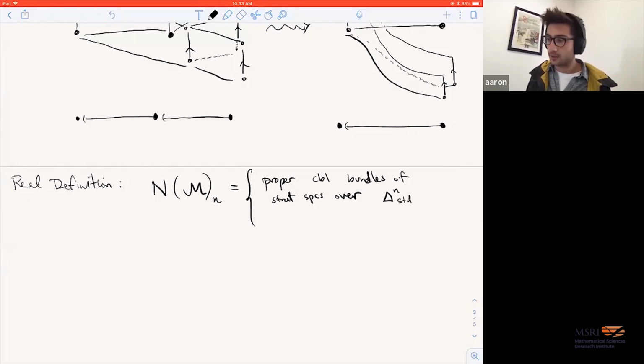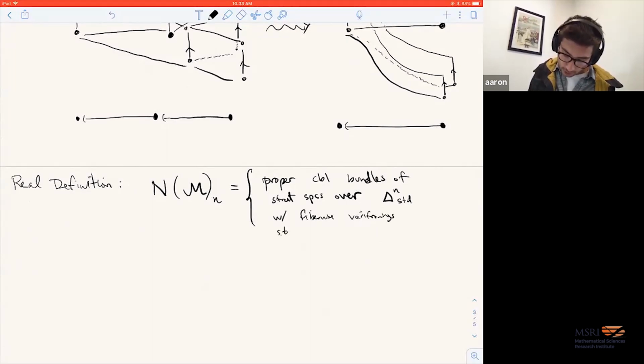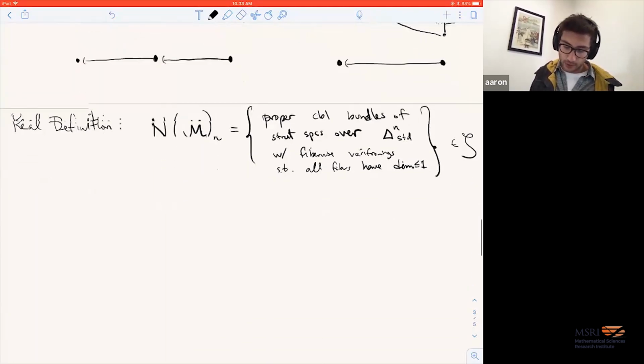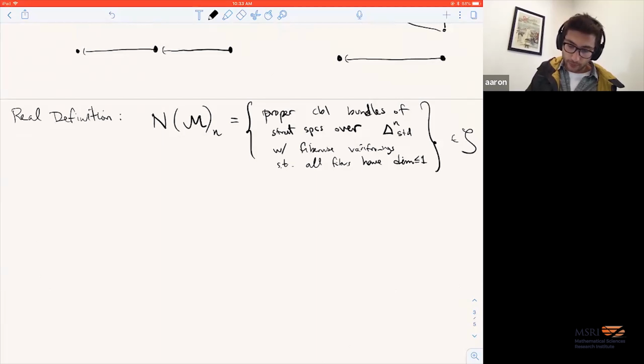I'll just draw an example in a second, with fiber-wise framings, such that all fibers have dimension less than or equal to 1. So there's some space of these, and that is the space that is being defined to be the space of n composable morphisms here.